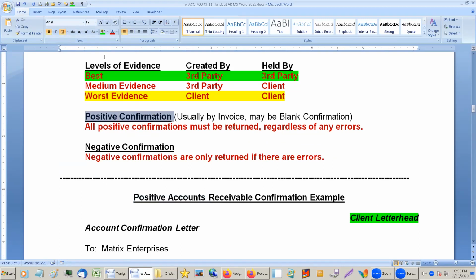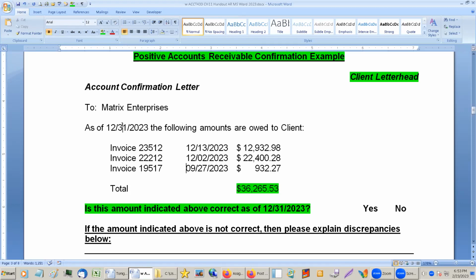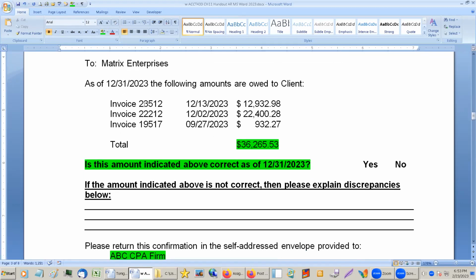Okay, so this is a positive accounts receivable confirmation. It'll have everything on here. These are the following invoices. Generally, you want to break it out by invoices if you can.